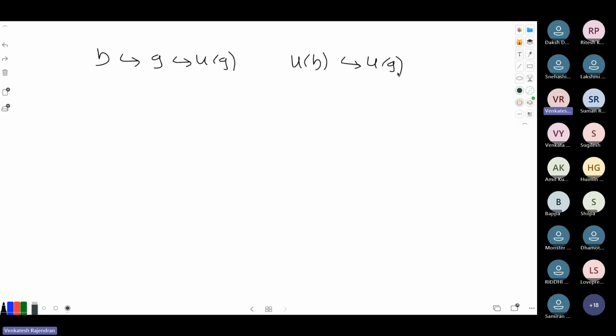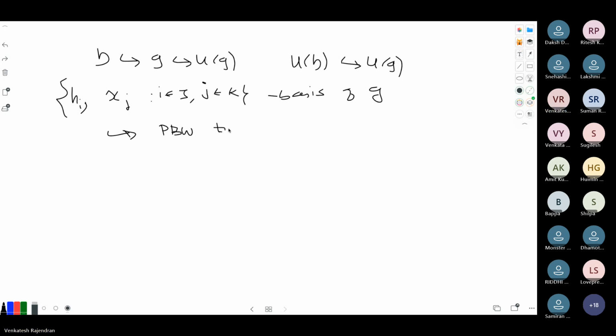Now it's clear that you have the PBW type basis that comes from this HI and then HJ, where I is from J and then J is from K. So this is a basis of G, and this gives you a PBW type basis for UG.